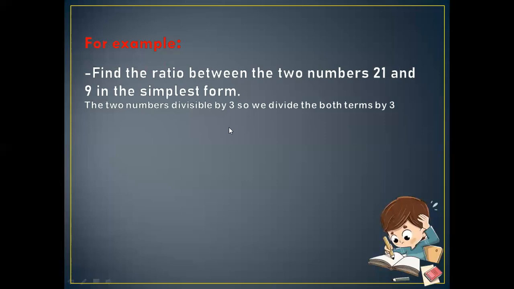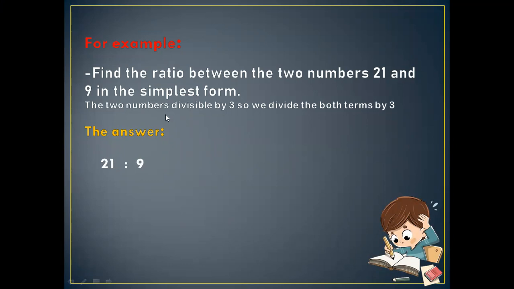We need 21 and 9 in the simplest form. You must first write it as a ratio. We learned how to write numbers as a ratio, so I will start with 21 to 9.